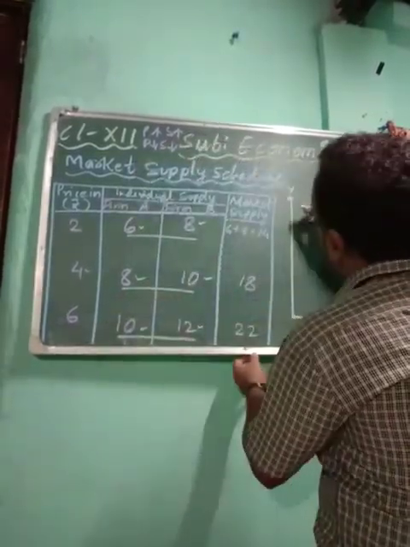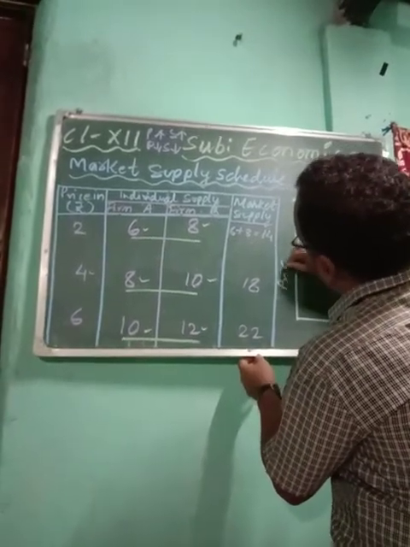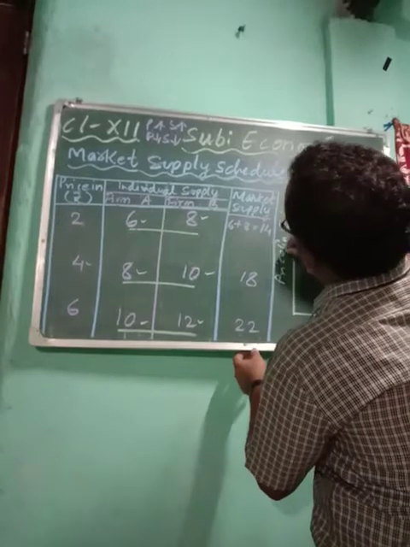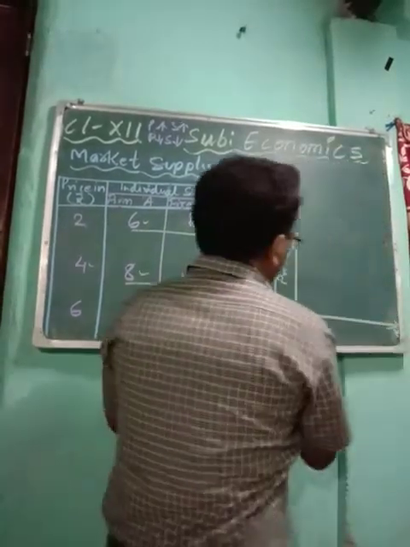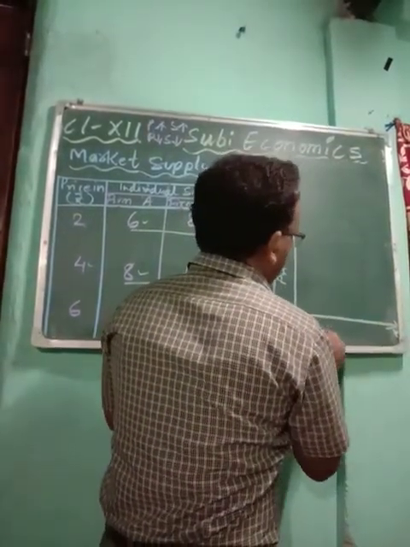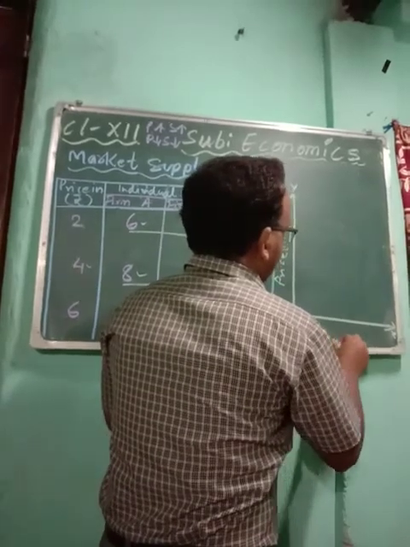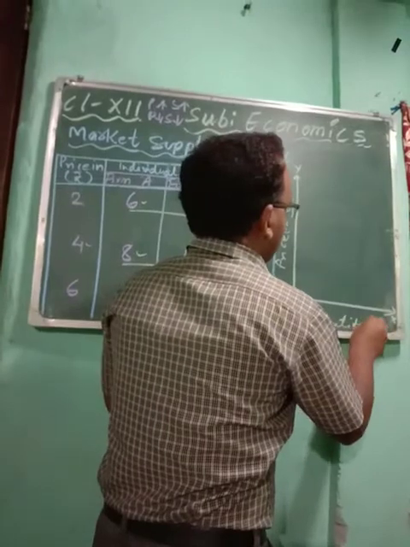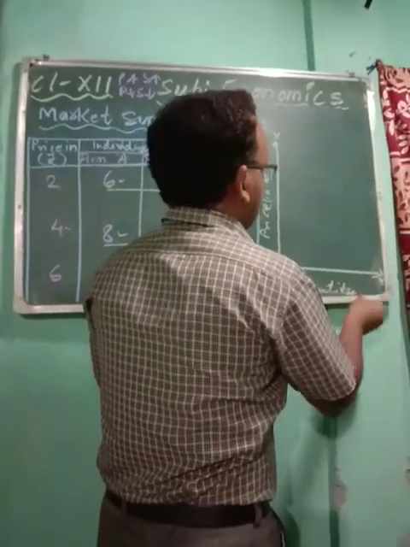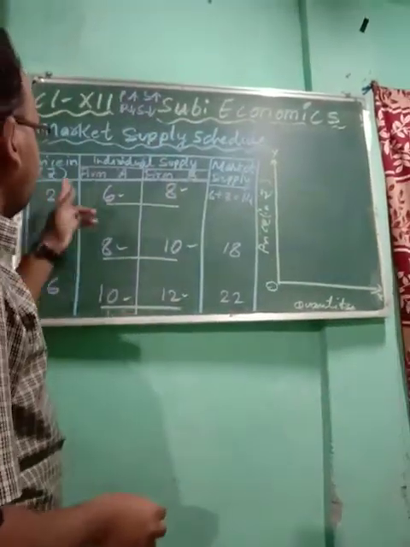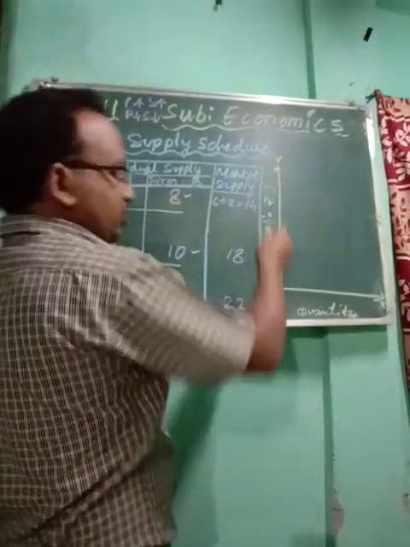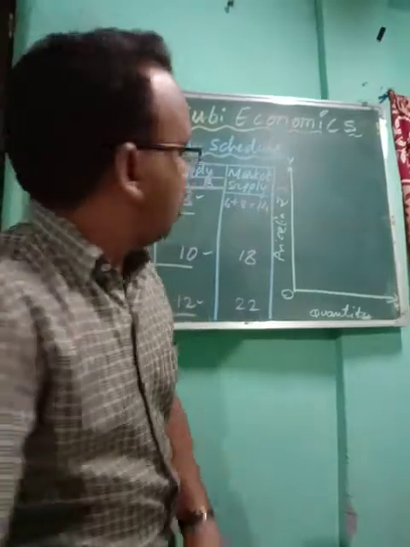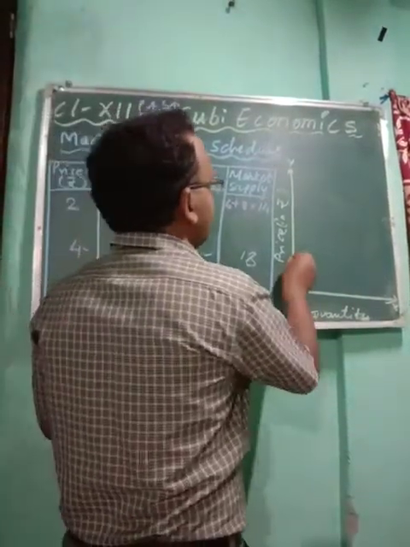Here on the x-axis, price in rupees, and 0, quantity. Now you see there are 3 prices, so you are going to take 3 equal price points.